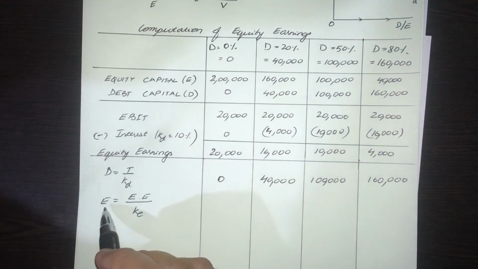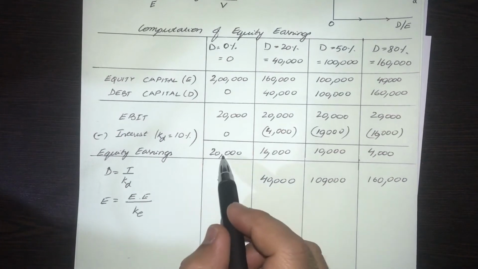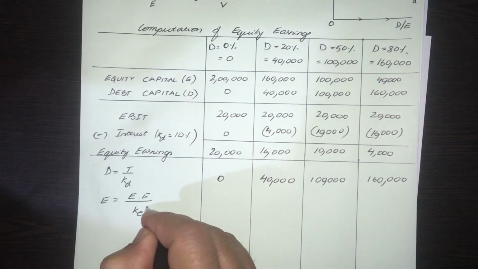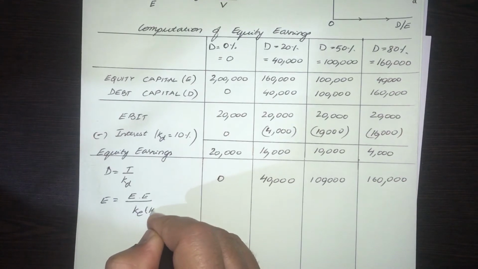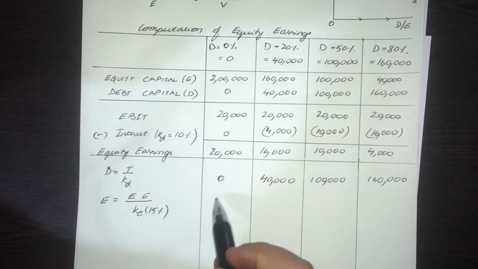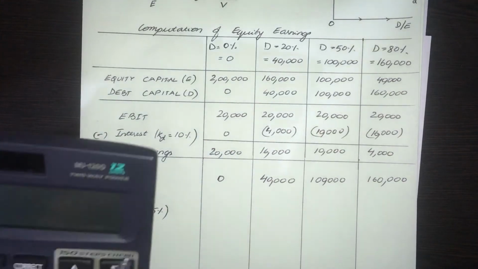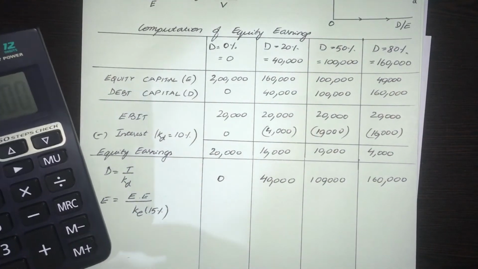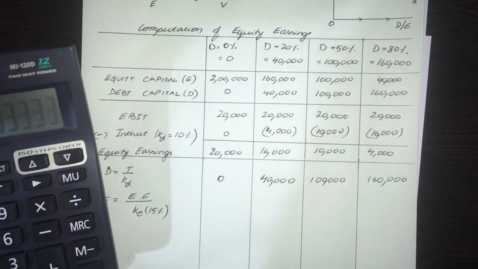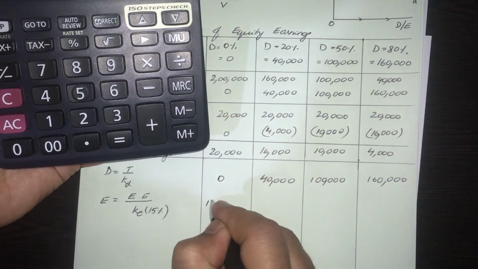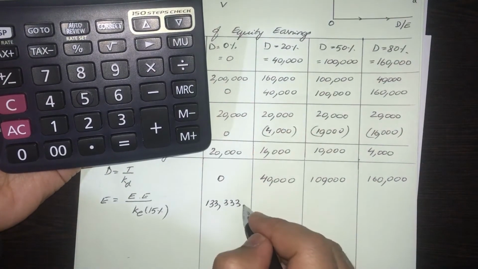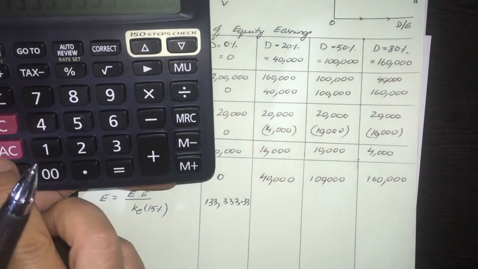Equity earnings here is 20,000. KE, it's already given, 15%. So what will be the market value of equity? 20,000 divided by 0.15. That is 1,33,333.33.